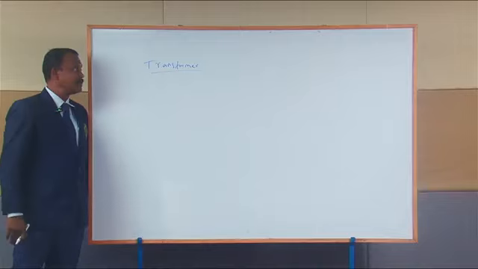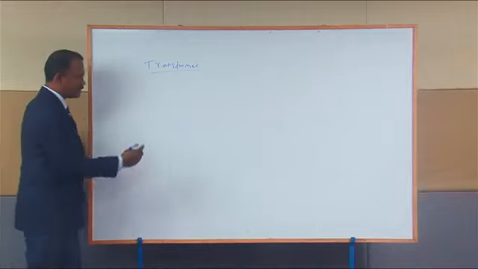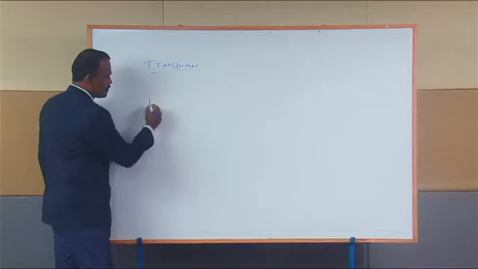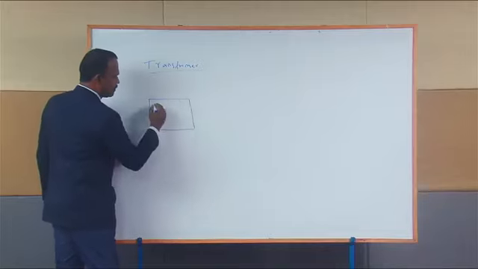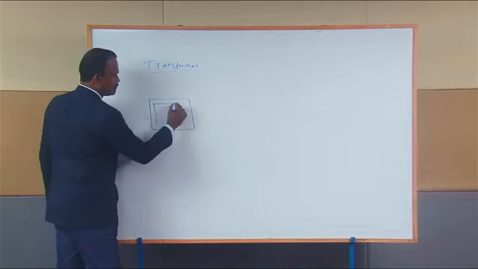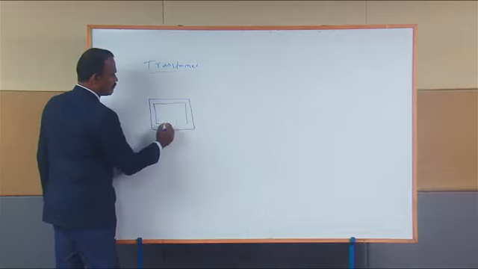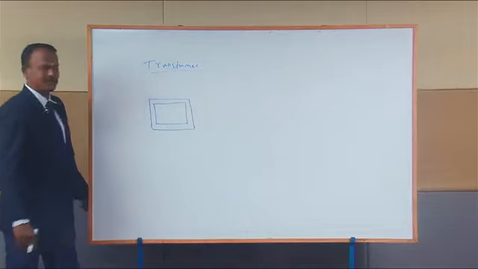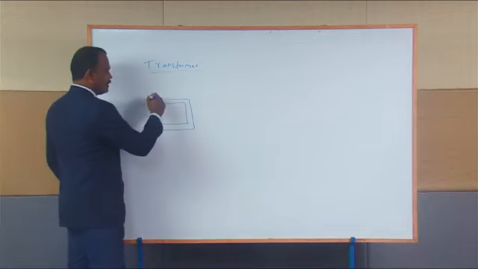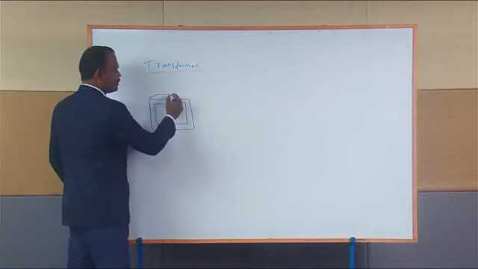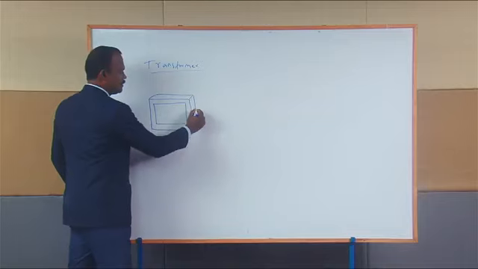You know what a transformer is. Normally your transformer will look like this. This is called a magnetic core. Normally this core is not made up of a complete solid piece.